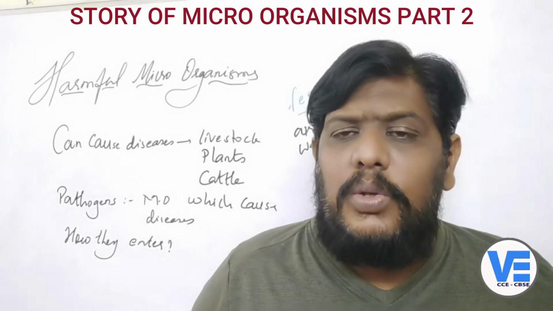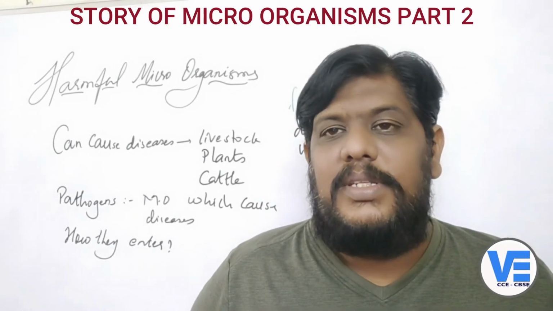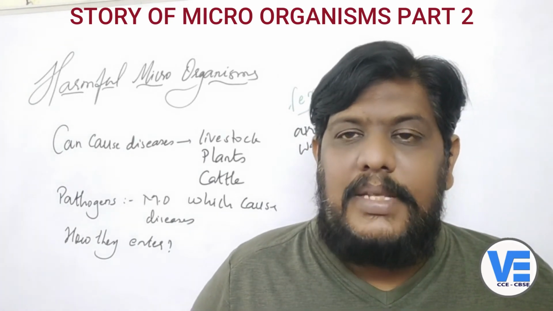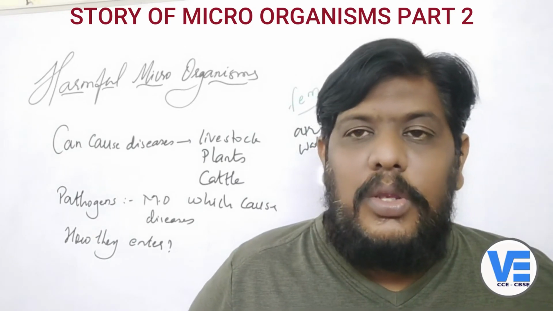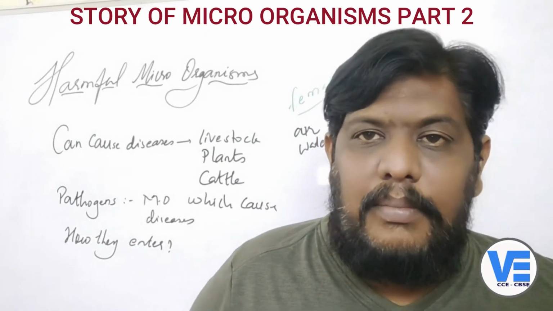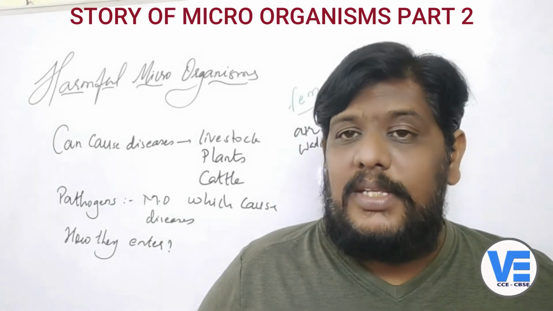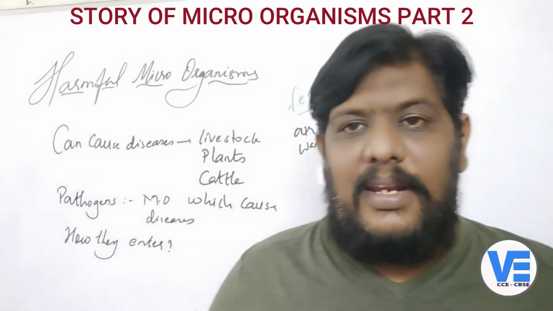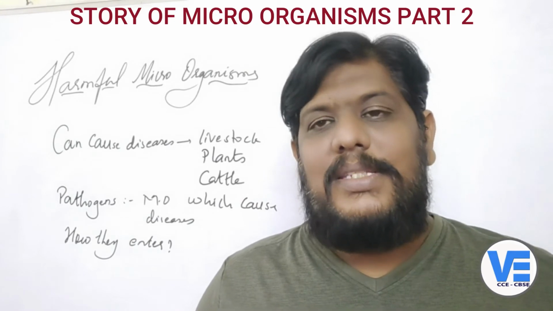So what we can do is prevent the entry of these microorganisms into the body by eradicating the mosquitoes, by stopping the spreading of the mosquitoes. You all know what we do when there are mosquitoes in our surroundings. Mosquitoes especially breed in stagnated water. When there are rains, and there are pits on the roads, the water will be stagnated.